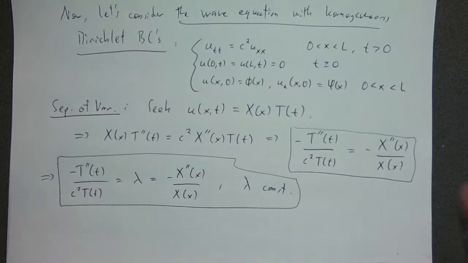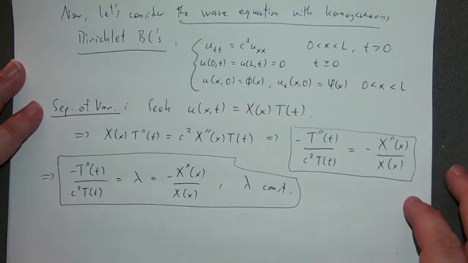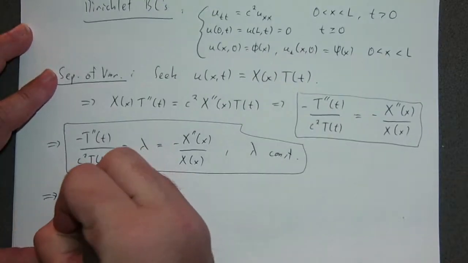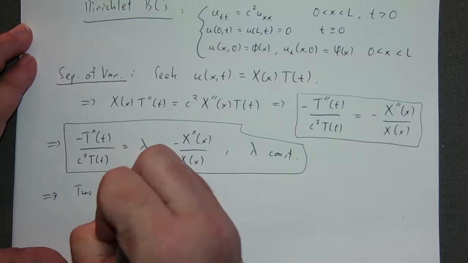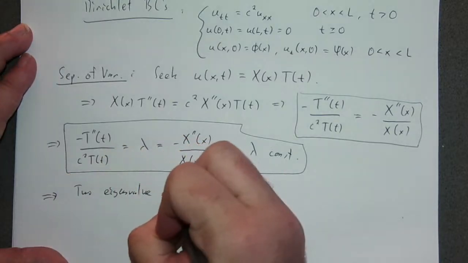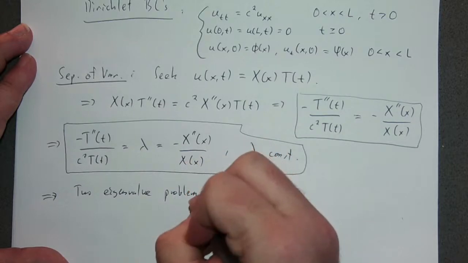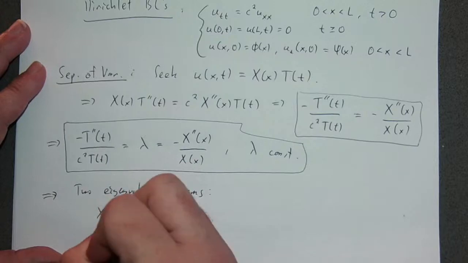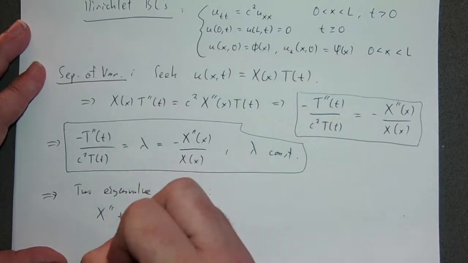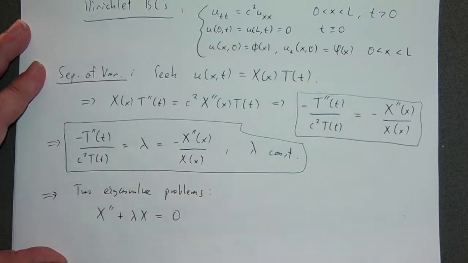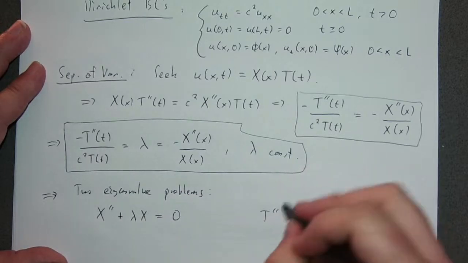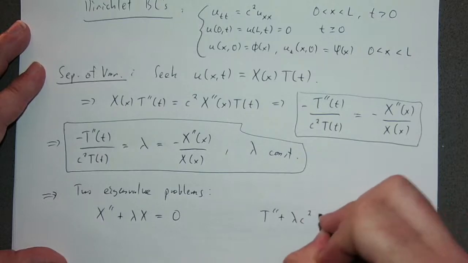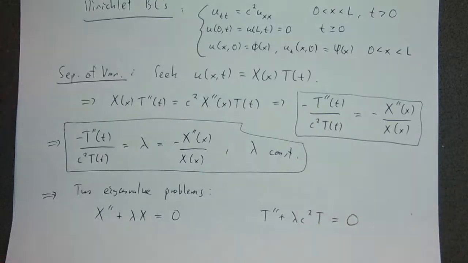And so I have two eigenvalue problems associated with the same eigenvalue, just like before. My two eigenvalue problems are as follows: X double prime plus lambda X equals 0, and T double prime plus lambda c squared T is equal to 0.